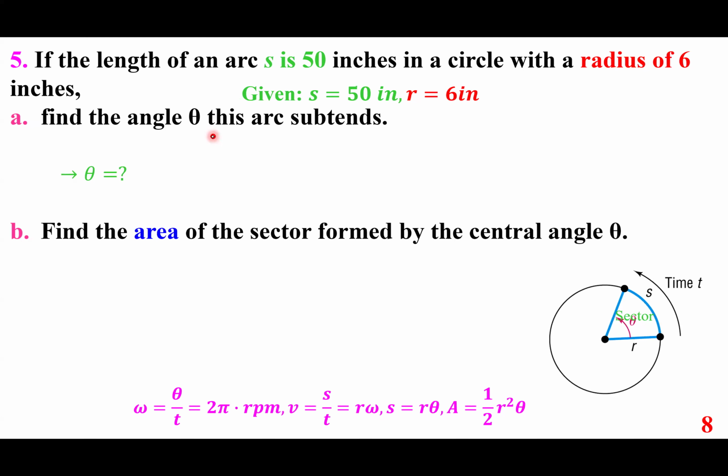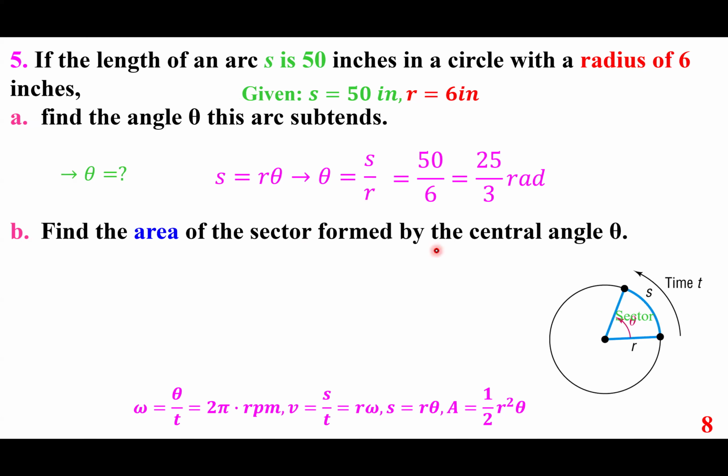If S equals R theta, then theta must be S over R. So then we replace the S. That's why when you read, it's important to write the given. When you write the given, all you have to do is follow that: 50 divided by 6. That's 25 thirds, precisely, 25 thirds radians.